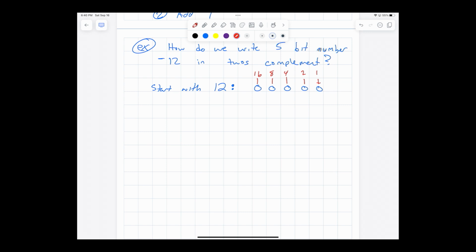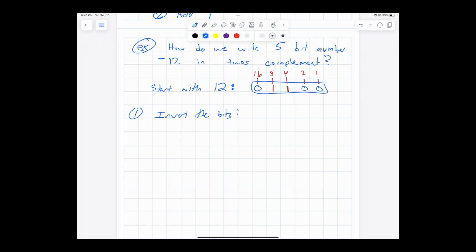So I can write this relatively easily. So that's going to be what 12 is, 8 plus 4. You have to be able to do that first. So that's 12. And then the steps are going to be invert the bits.